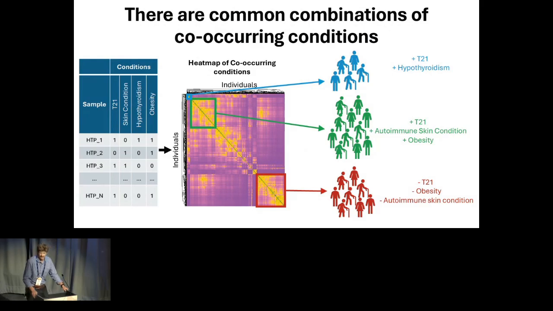If we look on the diagonal of the similarity matrix, where yellow is showing those that are more similar, we can start to see these clusters of individuals that might correspond to these combinations of co-occurring conditions. And usually, if we include those with a disomic karyotype, as represented here in the red, they separate out because those people have less of these clinical co-occurring conditions.